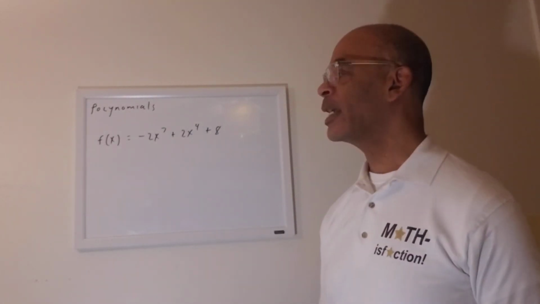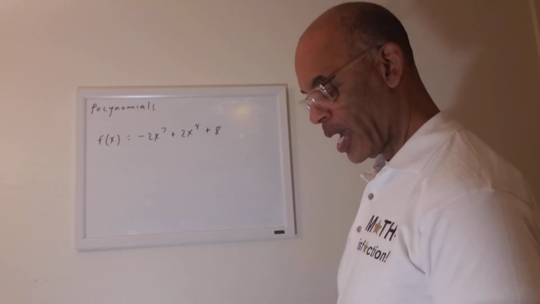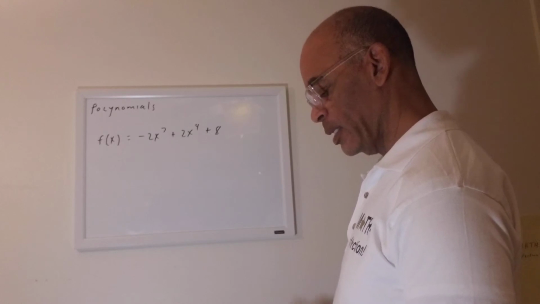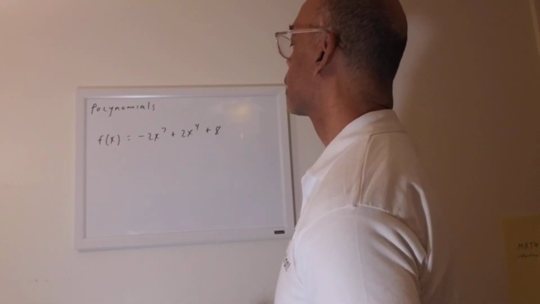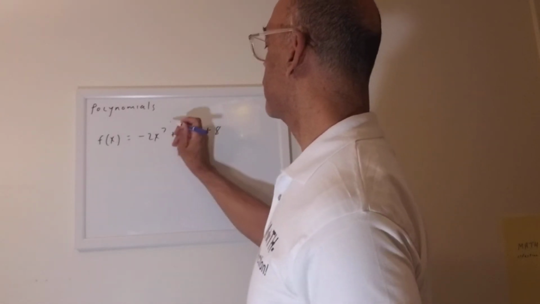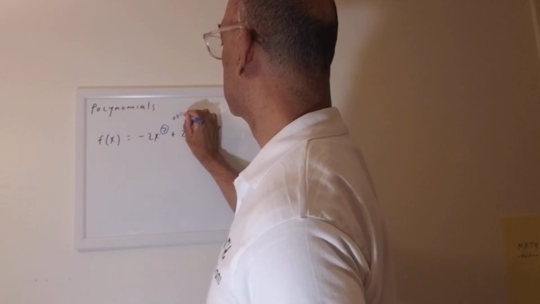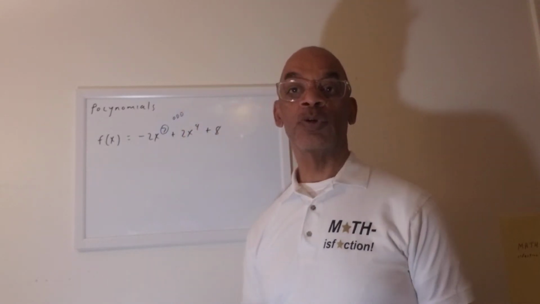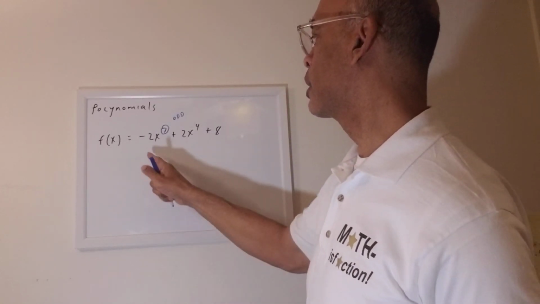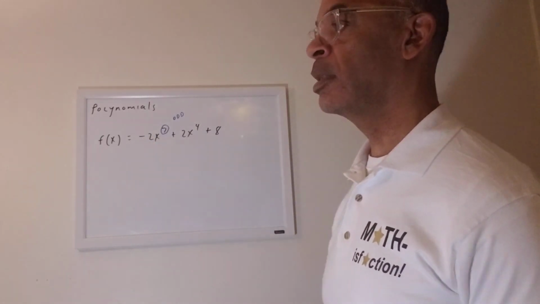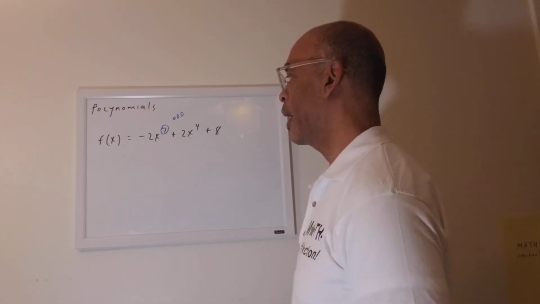All right. End behavior, the first thing I look at is the degree. And the highest degree is 7. That's odd. The ends will go in opposite directions. Next thing I look at is this negative. That negative tells us that the right end goes down.